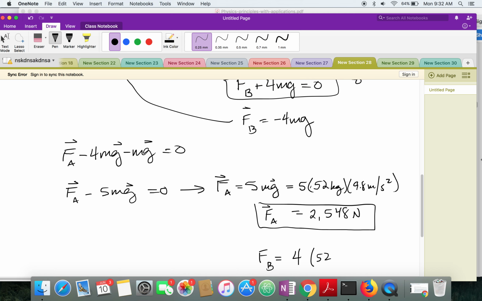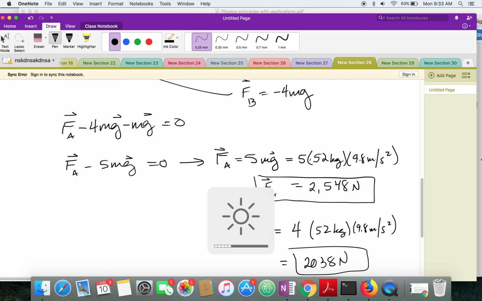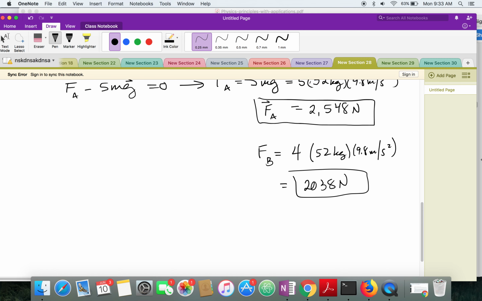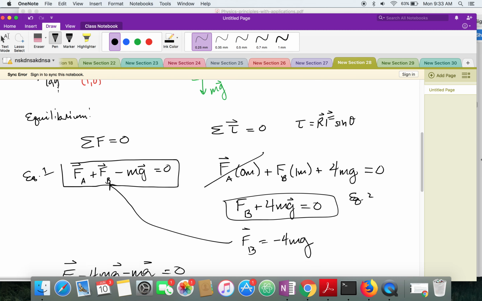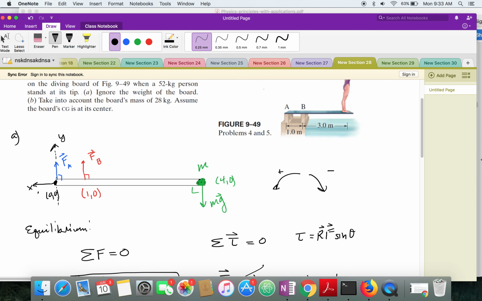So 4 times 52 kilograms times 9.8 meters per second squared, and that'll be 2038 newtons. And now finally, I think that's all they wanted, FA and FB. FA is bigger, and that makes sense.